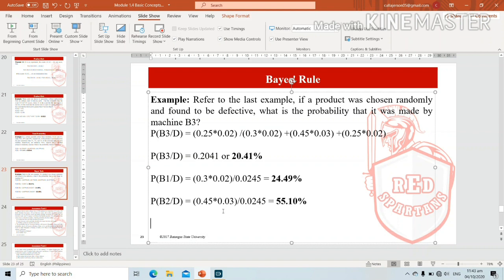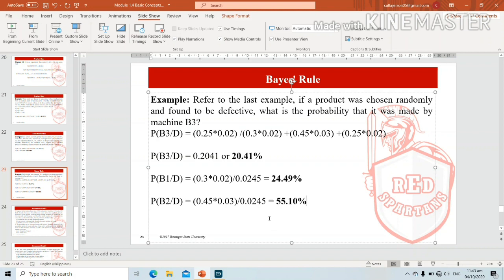Meaning, kung i-analyze natin yung problem, kita mo na agad na kay machine B sub 2 possible galing yung defective, kasi mas mataas yung probability niya ng defective compared dun sa dalawang machine na B1 and B3. Kaya machine B sub 2 yung pwedeng pinanggalingan ng defective.